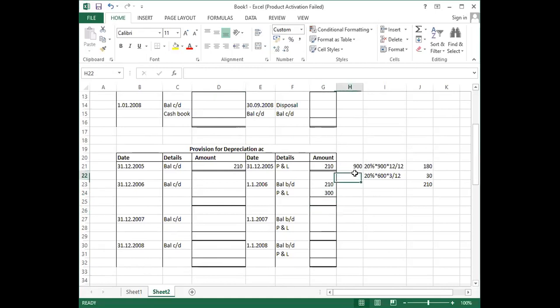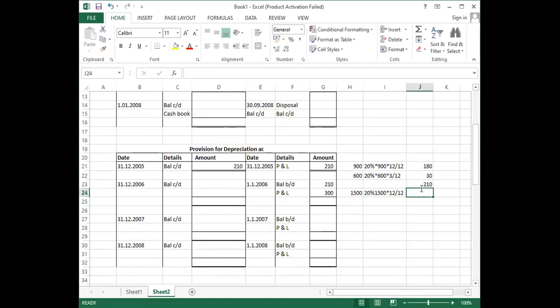So far, we have equipment costing 1,500, right? Those were the equipment as at 1st December 2006, and therefore 20% of that, and the time is 12 out of 12, because we have those two equipment for the whole year.